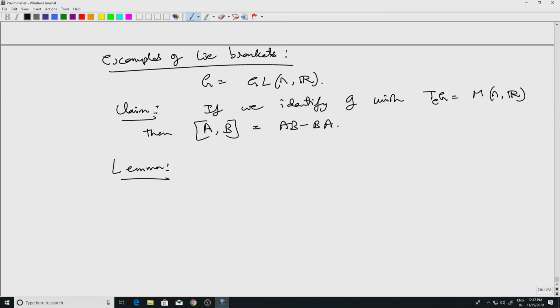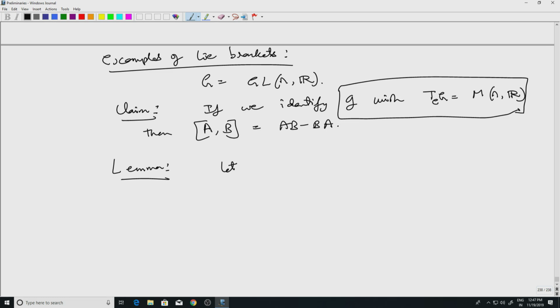let's first describe what a left invariant vector field looks like. I want to understand this identification more clearly.